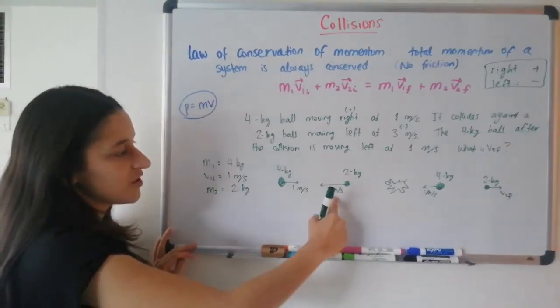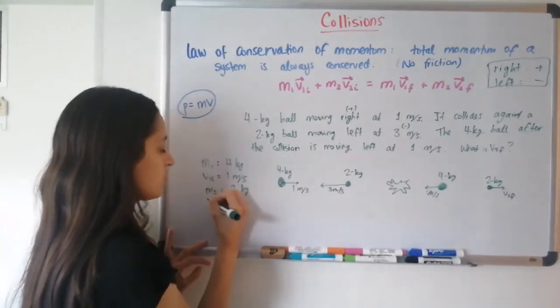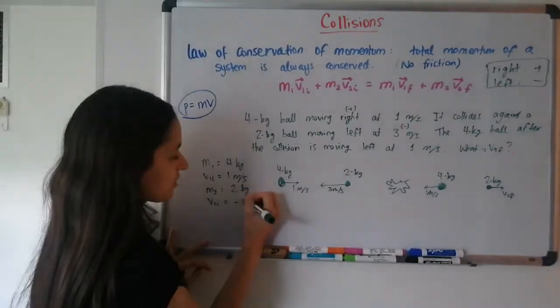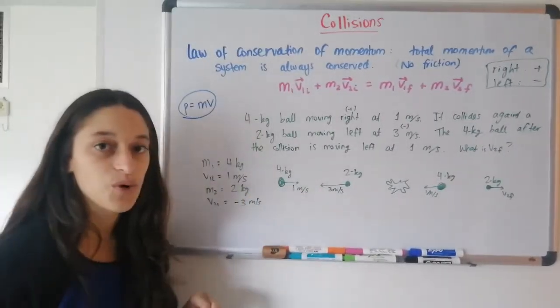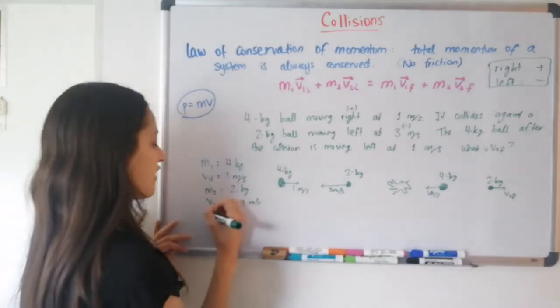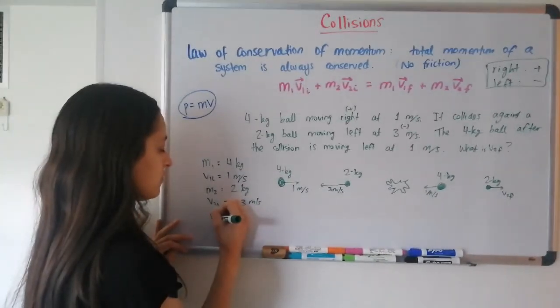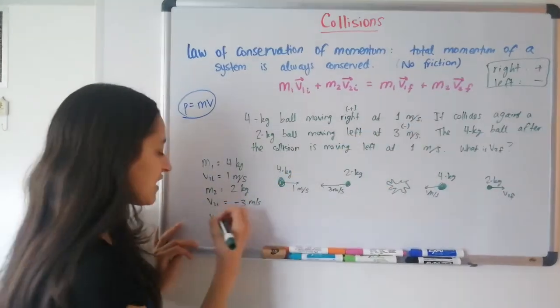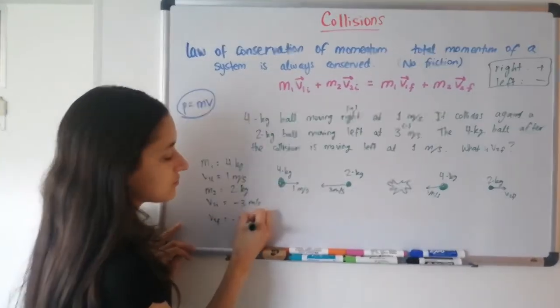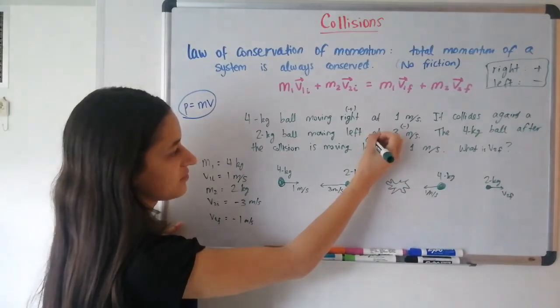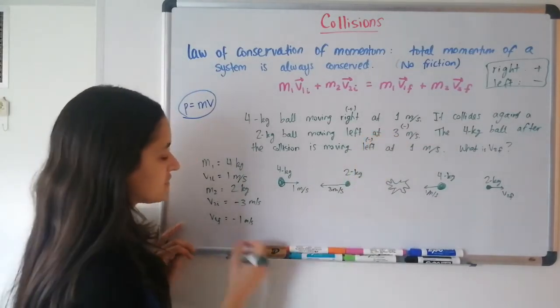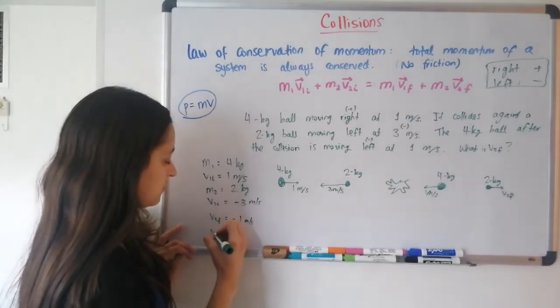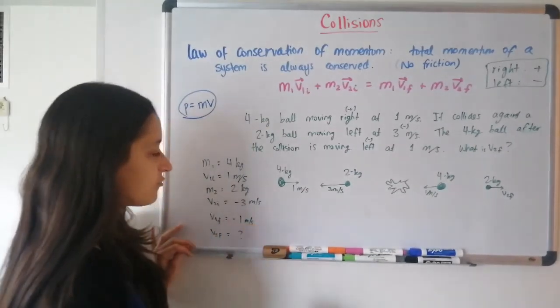The initial velocity of the second ball is negative 3 meters per second, negative because it's going left. And the final speed of the first one is negative 1 meter per second. So this is negative because it's going left. And the final of 2 is what we're looking for.